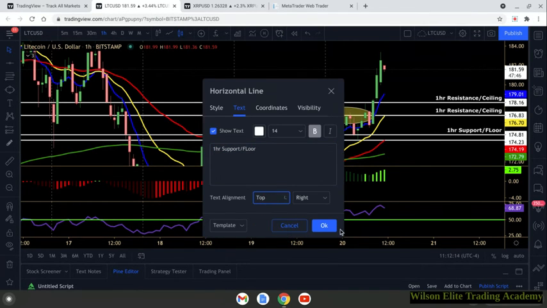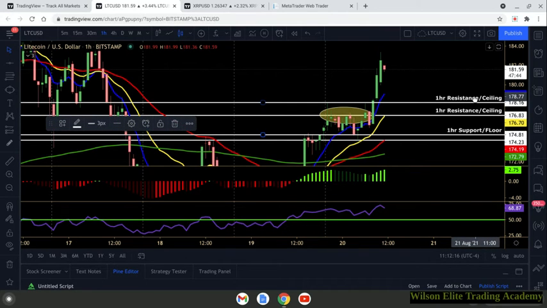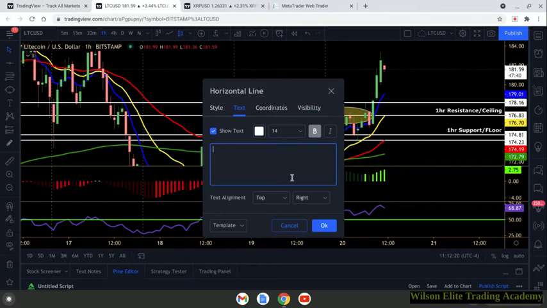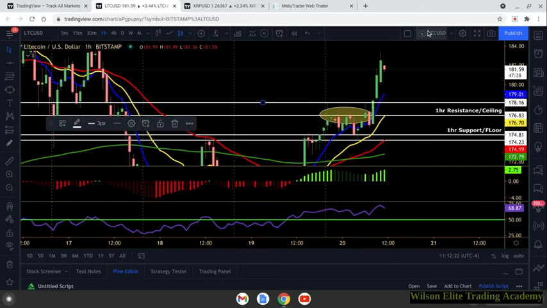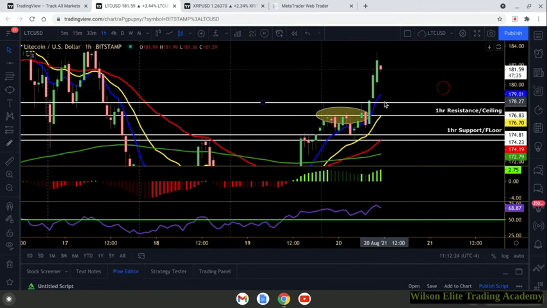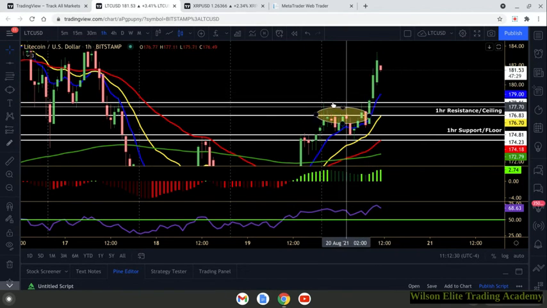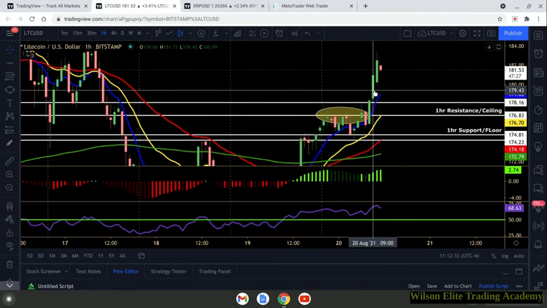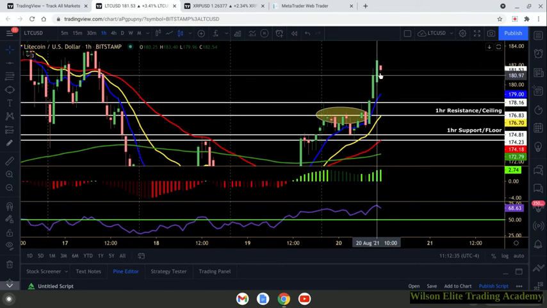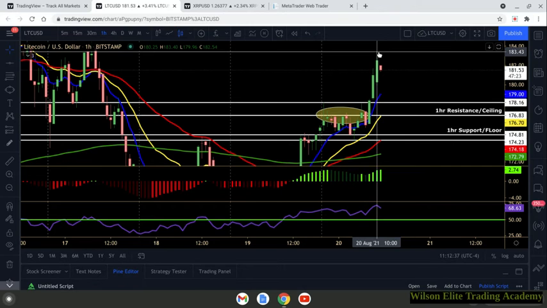So I now have a low and I now have a high. So I have my ceiling and I have my floor. When this candle right here broke out of the zone and closed above, this candle went all the way up and made a new high.